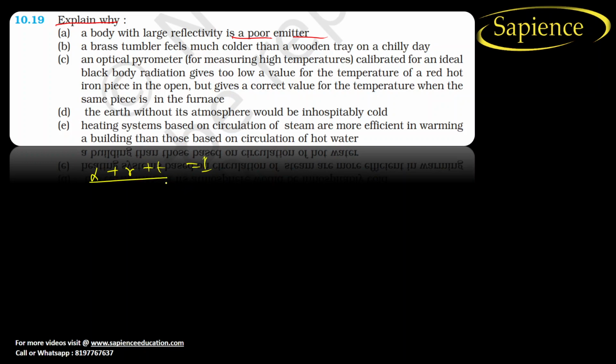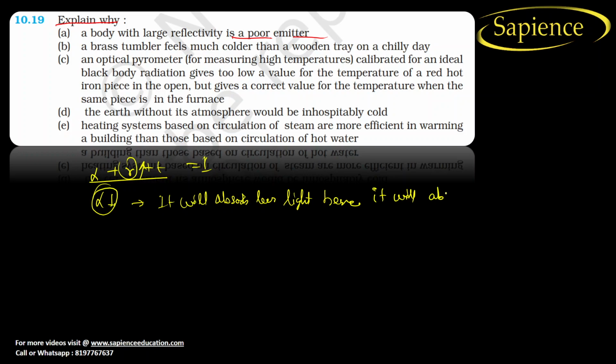A body with a large reflectivity, if this is large, so alpha will be very less. So if there will be less alpha, it means that it will absorb less light, hence it will be able to emit less.